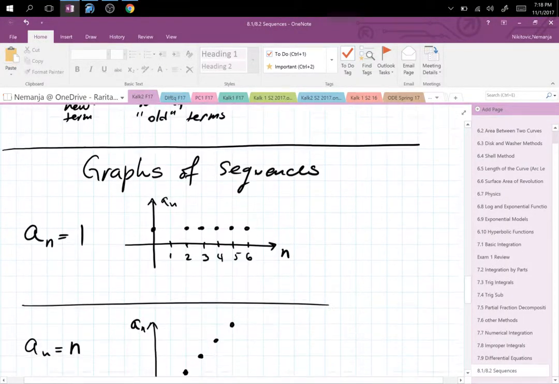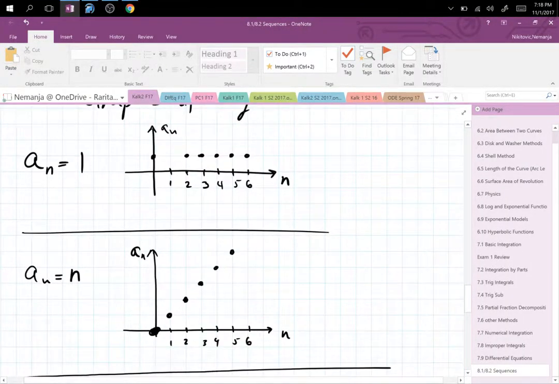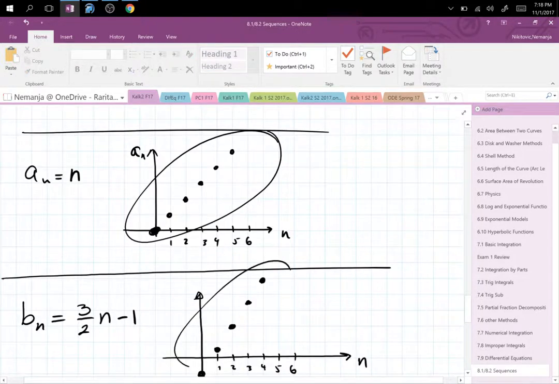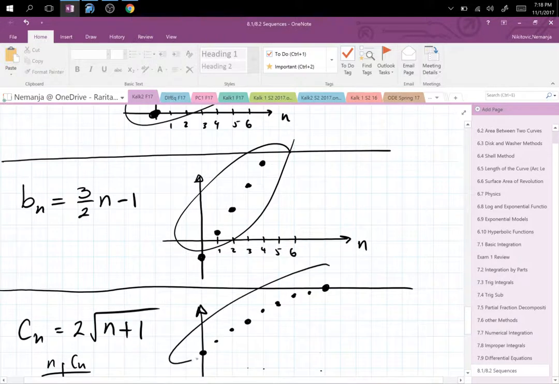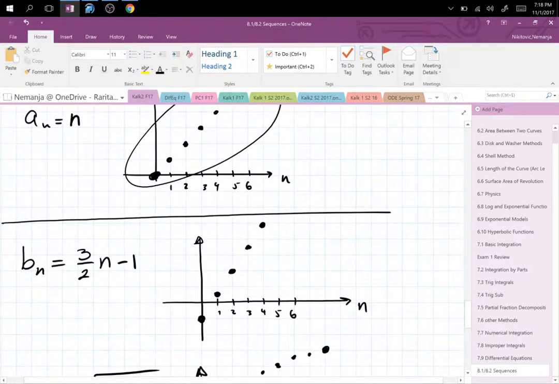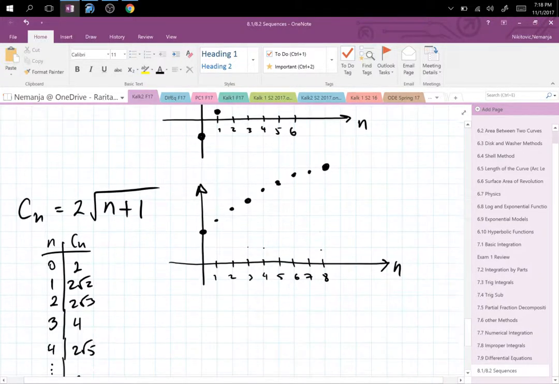So now, guys, look at this. What do I see over here? This one tends to stay at the level 1 forever as n goes to infinity. This one and the next one and the next one all go to infinity as you let n go to infinity.